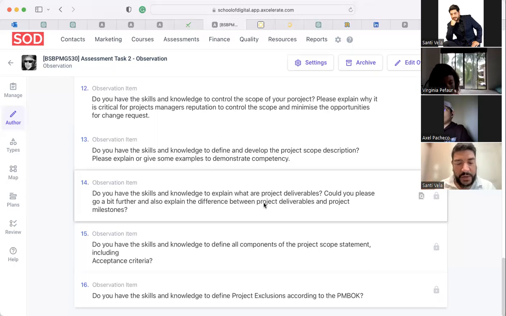Having the wiring and the plumbing of that house could be the fourth stage. Having the plaster and the house painted could be the last step. So these big chunks of work is what we call in project management project deliverables. It's like micro projects within the project.